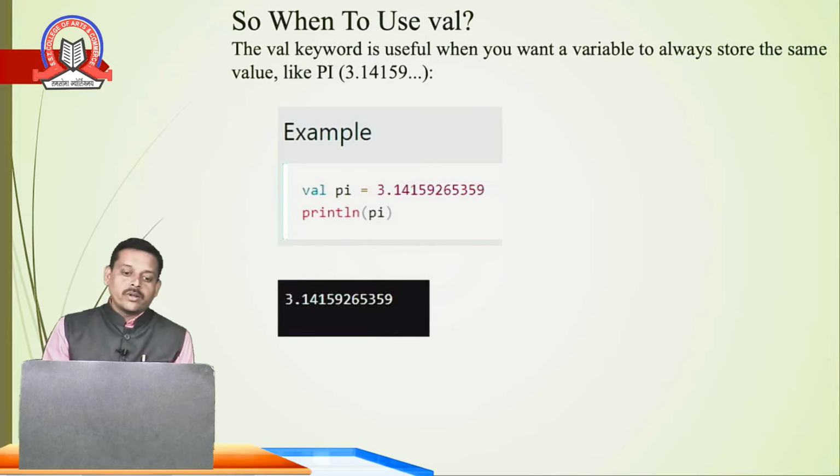Here we have an example: val pi is equal to 3.1415, and we have used println pi. So it will print the value of pi.